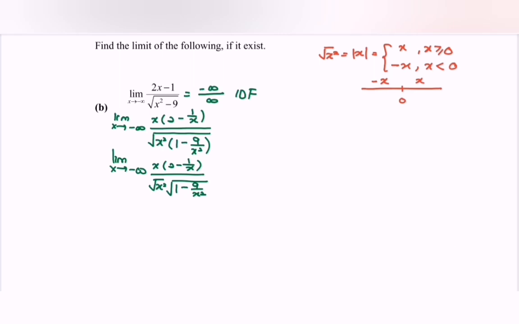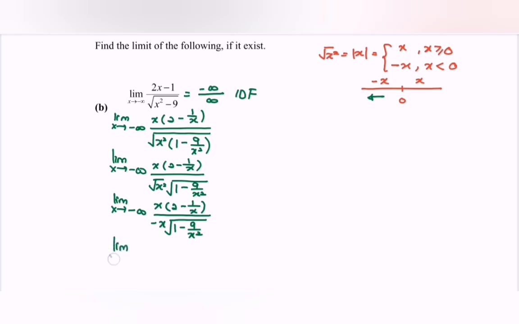So by referring to this, we notice that the limit when x approaches negative infinity means we are focusing on this part. So we have x multiplied with 2 minus 1 over x, over the square root of x squared, which is the modulus of x. And with negative infinity, we have negative x, multiplied with 1 minus 9 over x squared.